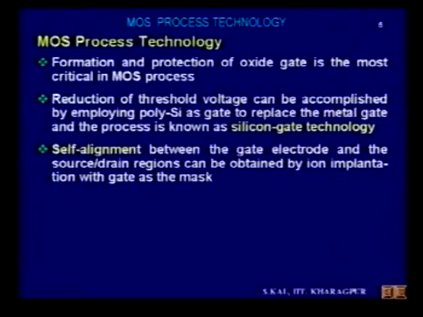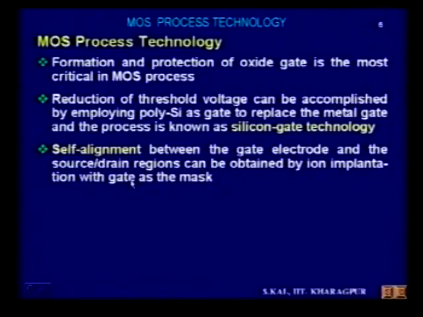Now, self alignment between the gate electrode and the source and drain regions can be obtained by ion implantation with the gate as the mask. Here you are getting automatic alignment, because the gate can act as a mask for implantation of the source and drain regions.